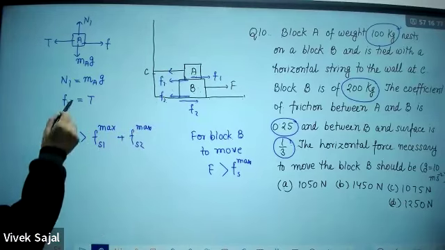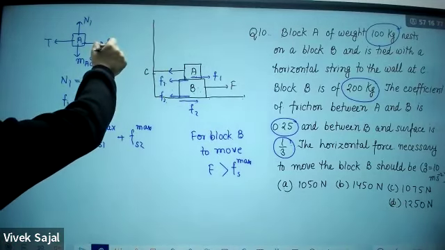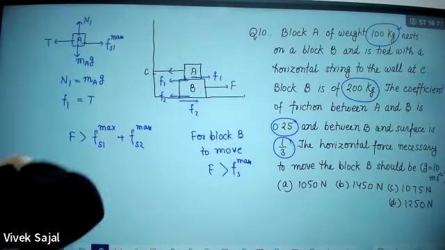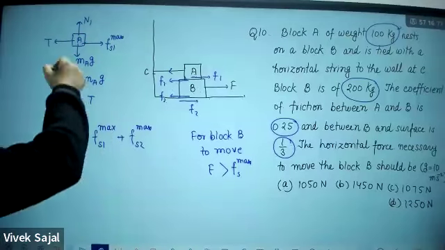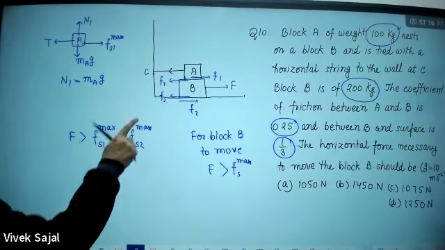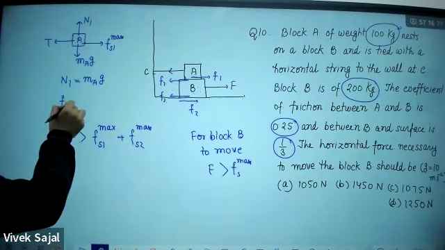ठीक है? What will be F1? What is this Fs max? S1, because this force will be equal to this. So from here I can find out. Can anyone tell me what will be the value of this Fs1 max? Now I am writing here Fs1 max. बोलो बेटा.